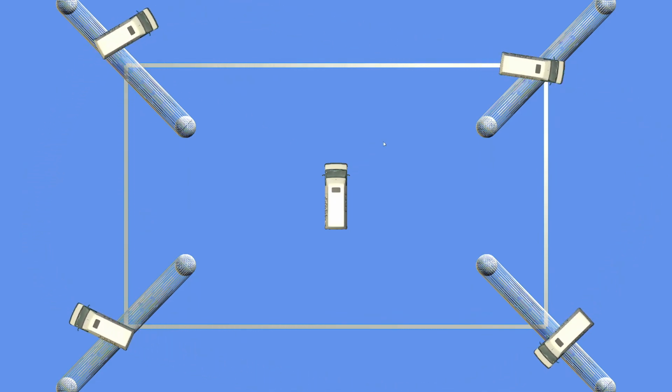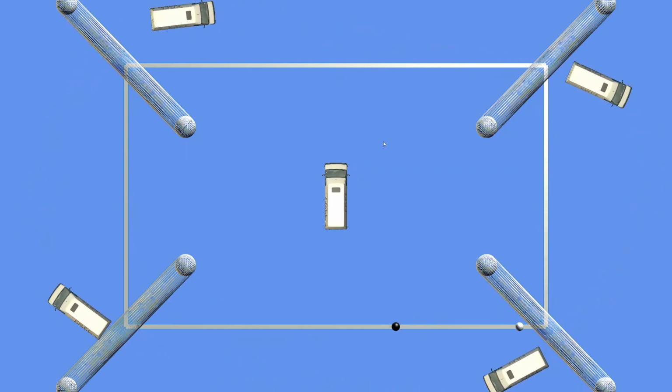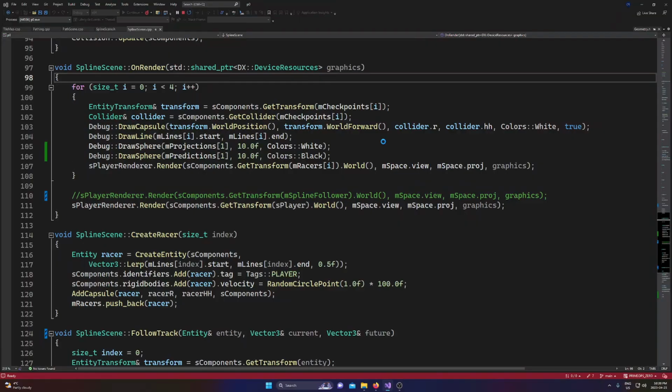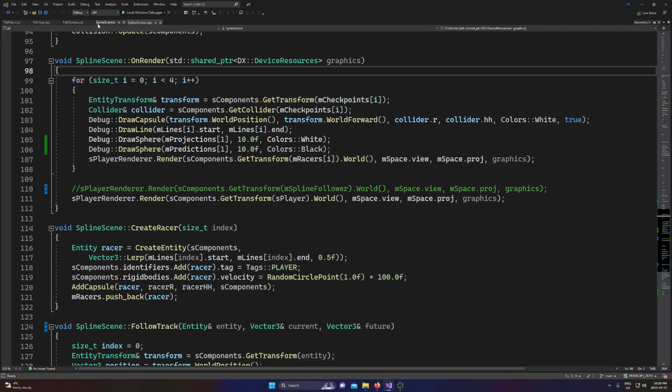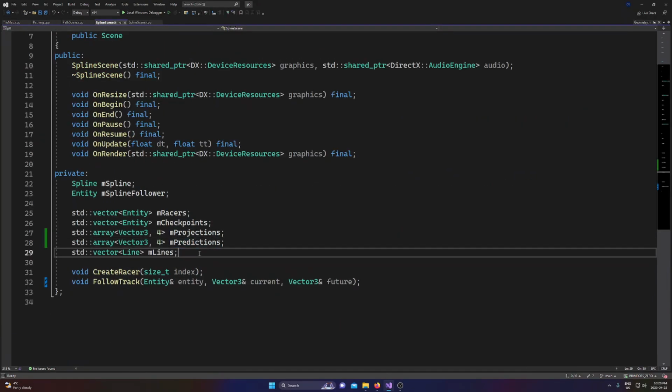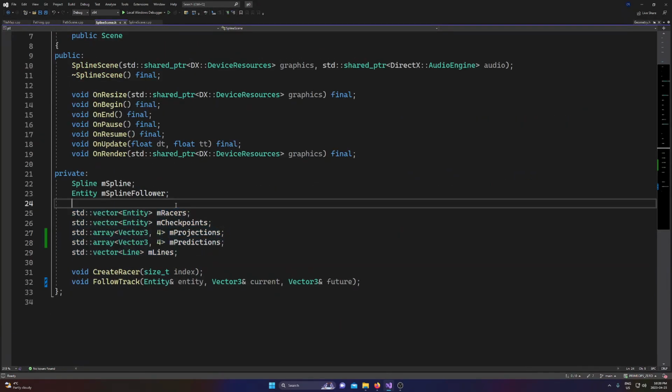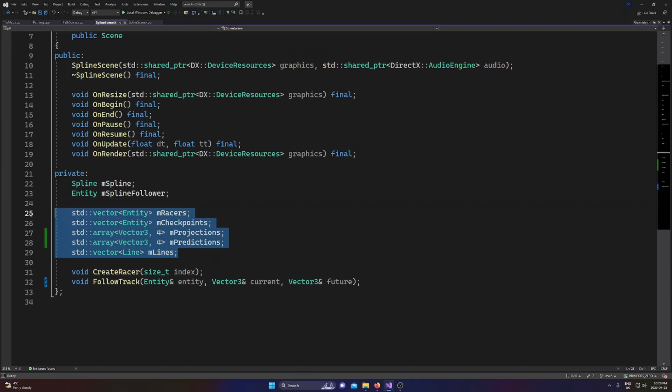So let's peel back the curtain and take a look at the math for how this is being done. Once again, I'm in my engine that leverages the DirectX toolkit as a renderer. These are the only data members we care about. These are the debug visuals, so we're storing our racers as entities, so they have positions, colliders, and physics.